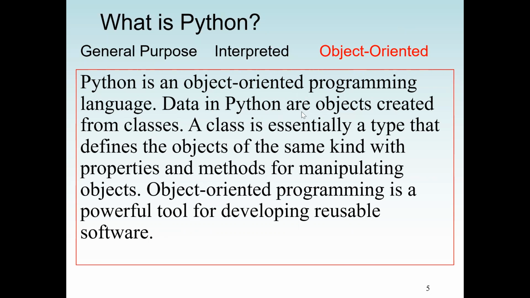So let's say, for example, I want to write a program and I want to deal with some vehicle. This means I'm going to create a vehicle class. Now, when I create a vehicle class, two things: what are the characteristics of the vehicle class? Those will be the attributes or the data.